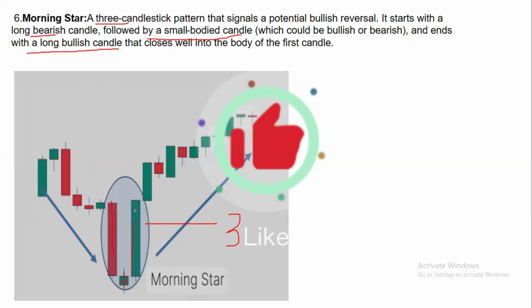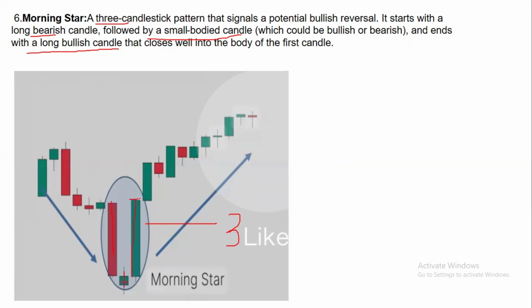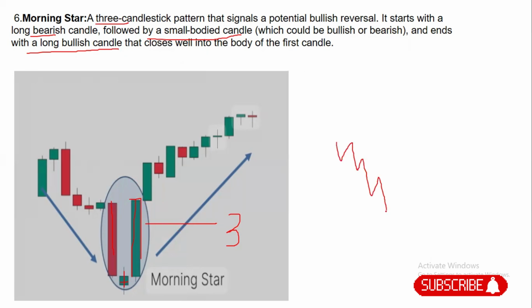And it is followed by a bullish candle, and that bullish candle closes well into the body of the first candle, and that is what actually happened here. And it is a reversal pattern that occurs when you are in a downtrend. It occurs where the market is about to shift to the upside, right?